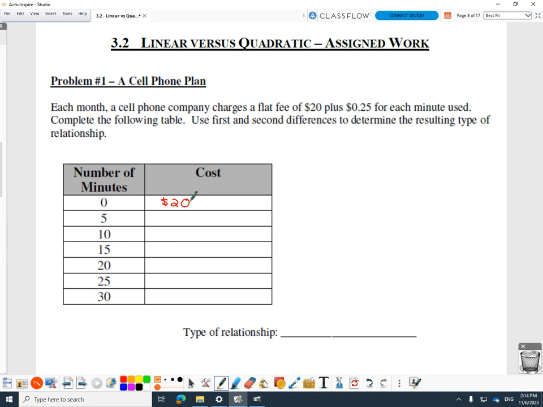Yeah, but how'd you do it? I just timed 0.25 by 5, and I added that on 20. Right. He went 25 cents times 5, then add the 20. And what did you get? 21.25.